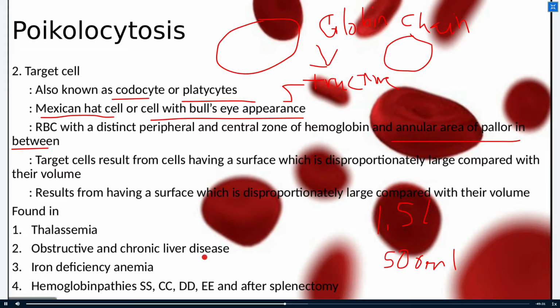Another one would be your obstructive and chronic liver disease, iron deficiency anemia, hemoglobinopathies, SS, CC, DD, EE, and after splenectomy. If you recall class, dun sa sickle cell niya, di ba? One of the characteristic cells that you can find will be your target cell.